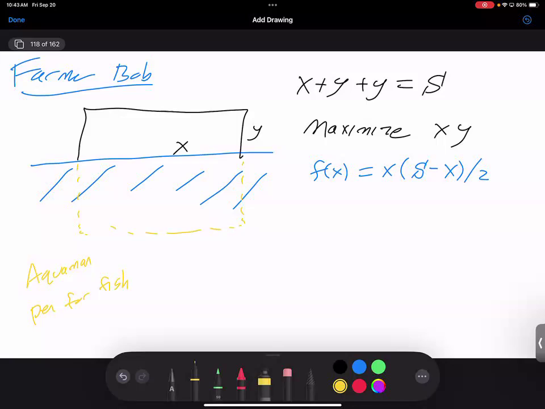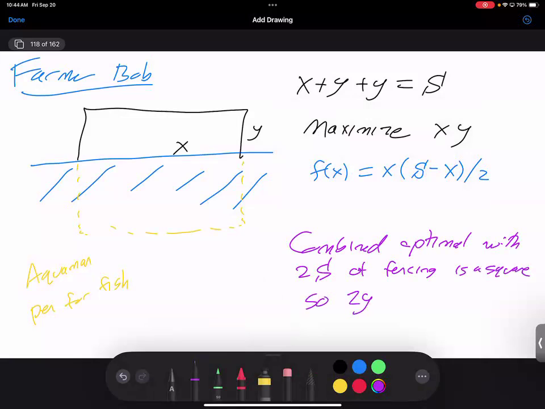So imagine at the same time Farmer Bob is building his pen for cows, Aquaman is building a pen for fish. Do you agree that whatever is optimal for Farmer Bob, the mirror image is going to be optimal for Aquaman? So instead of considering S units of fence, we can consider the fact that we have 2S units of fence. What is the optimal shape going to be? Square. So the combined optimal with 2S of fencing is a square.